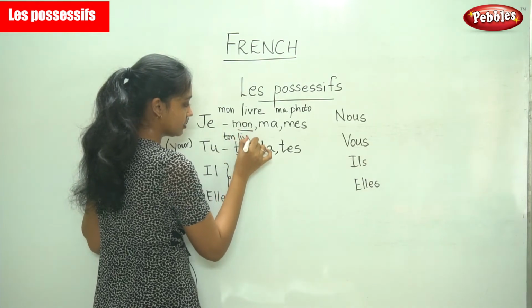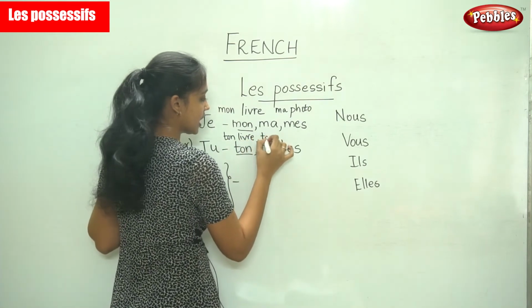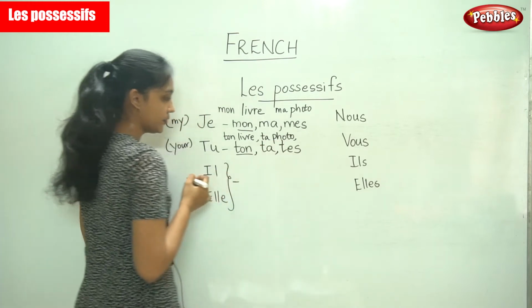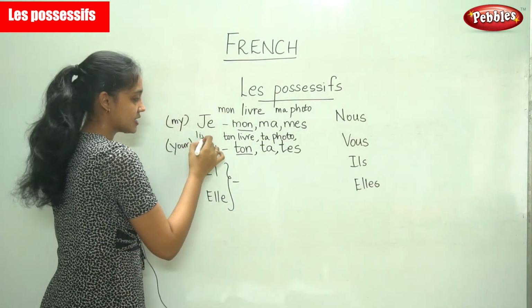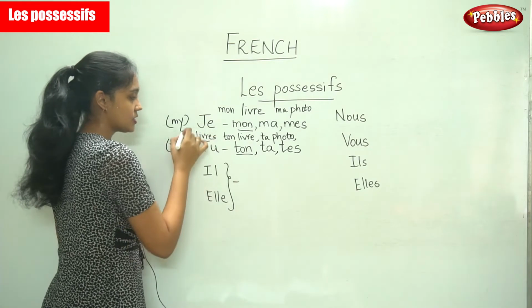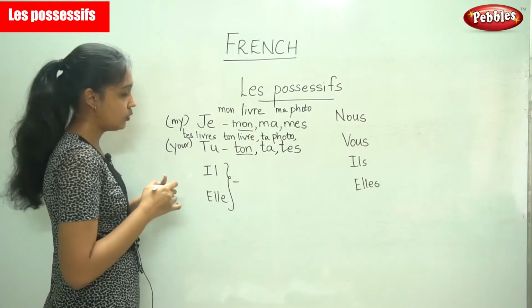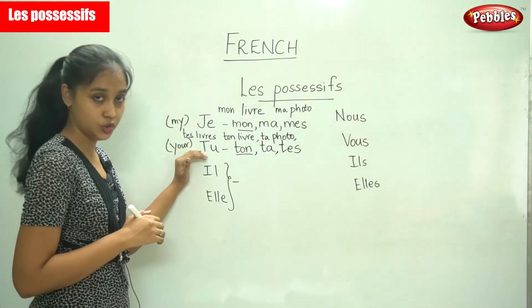Ton livre. Your book. Ta photo. Your photo. And if it is in the plural form, in case it is livre, you would say tes livres.